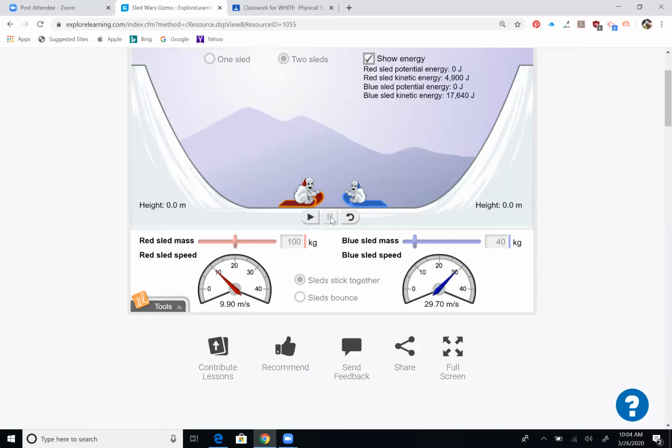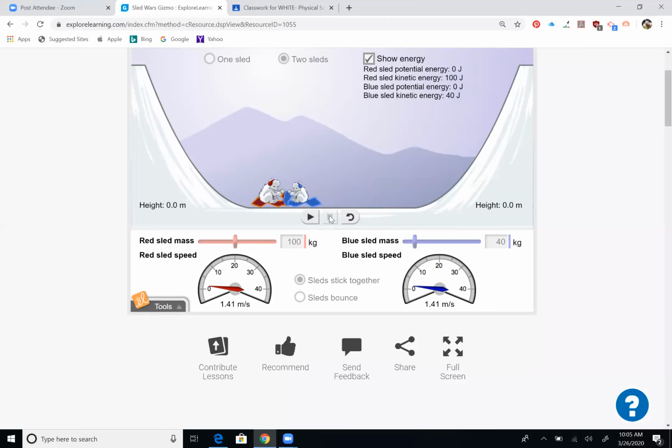And 29.7 times 40 is 1,188. So who should win? Blue. Blue won. All right, so in each trial, circle the greater momentum value.